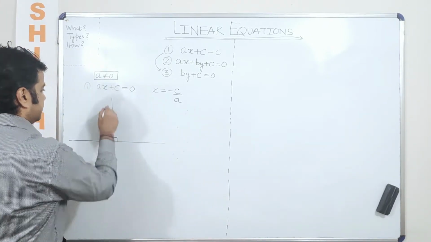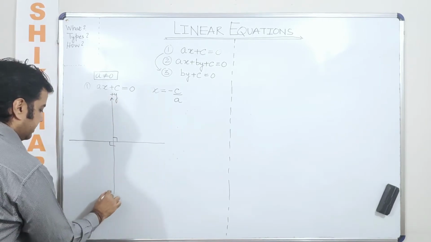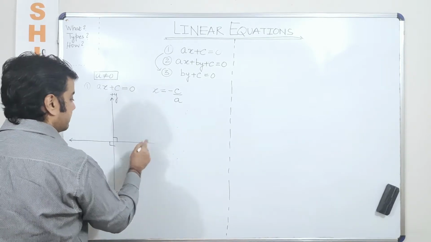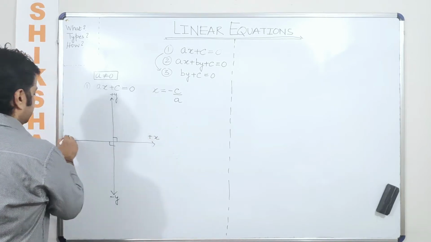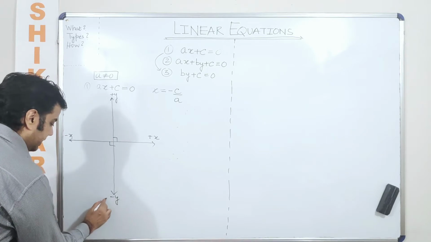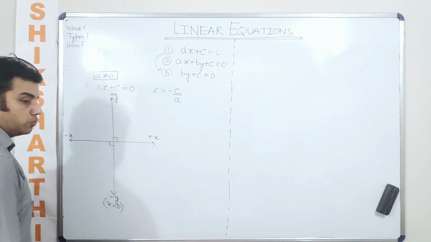So let us say this is the positive side of y-axis, this is the negative side of y-axis. Let's say this is the positive side of x-axis and this is the negative side of x-axis. Now we know that on the y-axis there is no scope for the x coordinate.